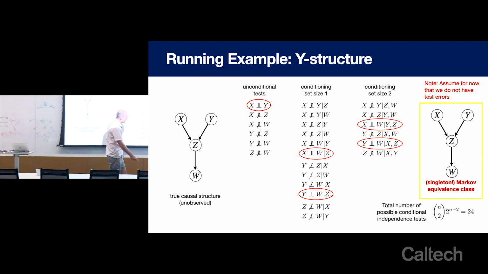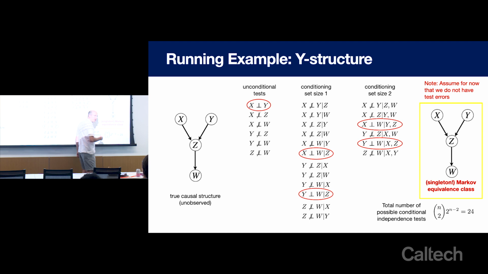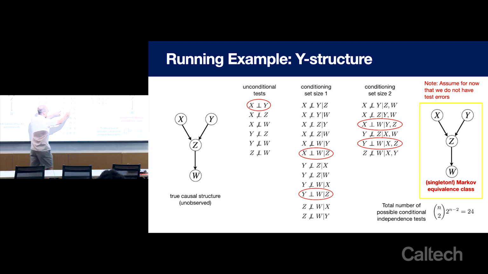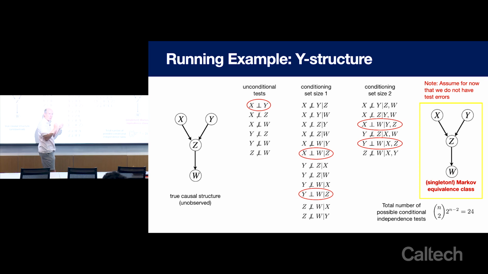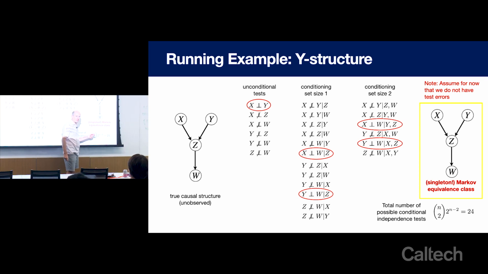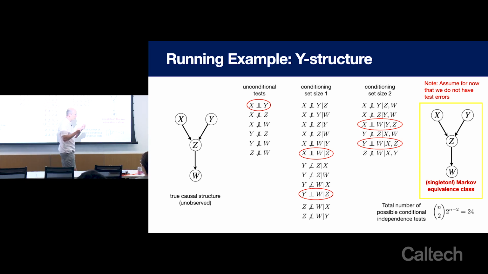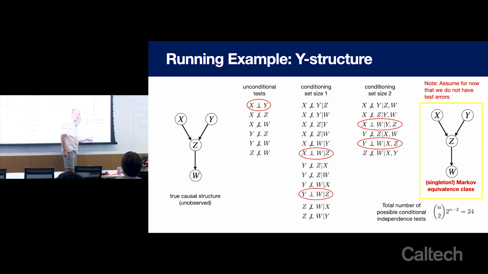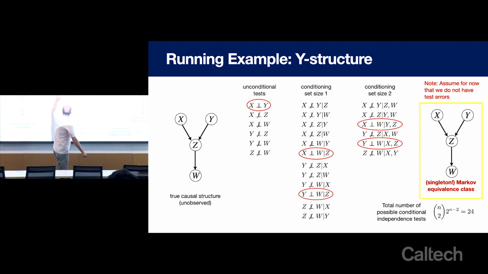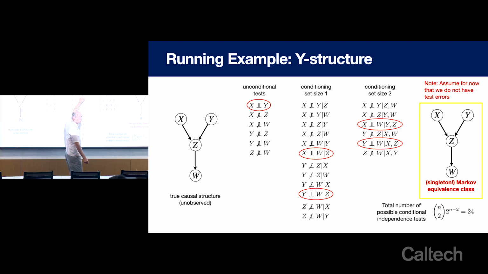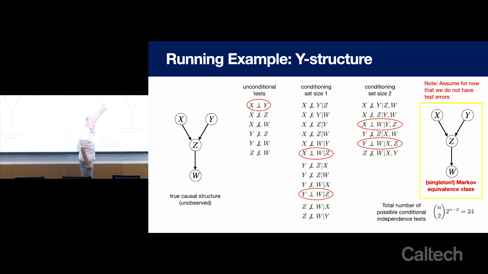Oh, yeah. How do we get the number of tests. So when we do an independence test, we have 2 variables that we're interested in, whether they're dependent or not. How many ways can I choose 2 variables from n? Well, n choose 2, right? So that picks all the ways that I can pick a pair. And then I have to ask, well, what are my conditioning sets? I can have no conditioning set, I can have one variable in the conditioning set, or 2 variables.